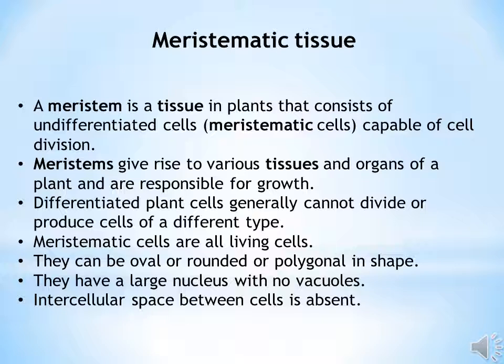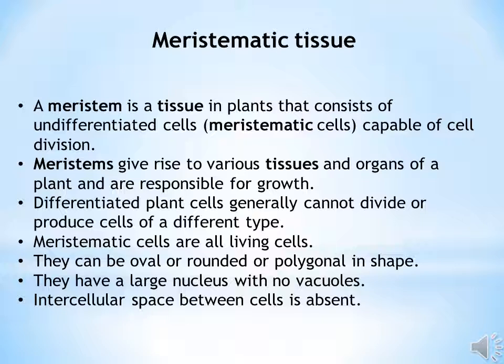These are the type of cells which belong to meristematic tissue. Meristems give rise to various tissues and organs of a plant and are responsible for growth. Differentiated plant cells generally cannot divide or produce cells of a different type.